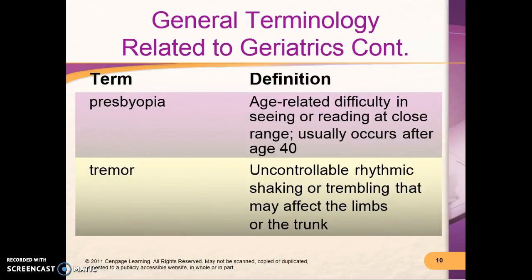On here you'll notice that we've got age-related difficulty seeing. I found this interesting because this is all about geriatric patients, and they say after the age of 40. Since I am already past the age of 40, I really didn't consider myself a geriatric patient. But that is when we see those types of changes.